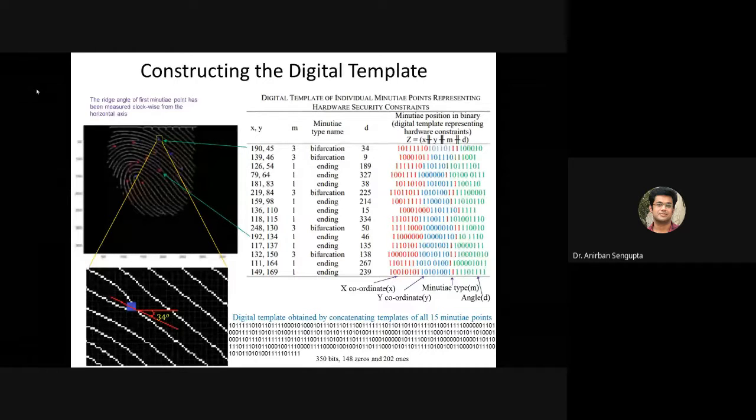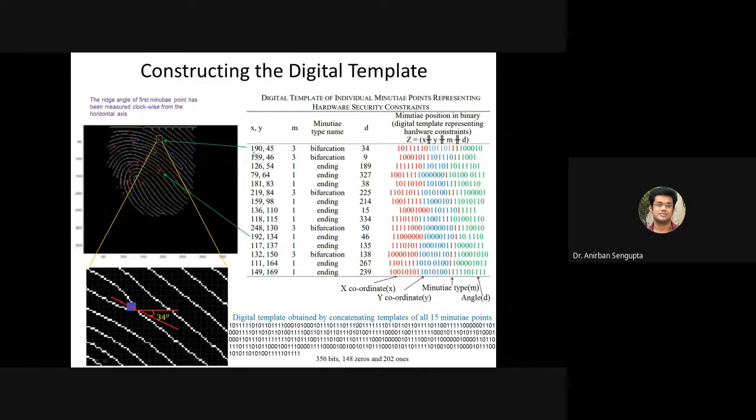So it's 34 degrees for the point that you see here on the left half of the screen, clockwise from the horizontal axis. Once we have these values, 190, 45 for example, and then 3 and 34, we concatenate all the 4 values into their respective binary value to produce a signature of that.